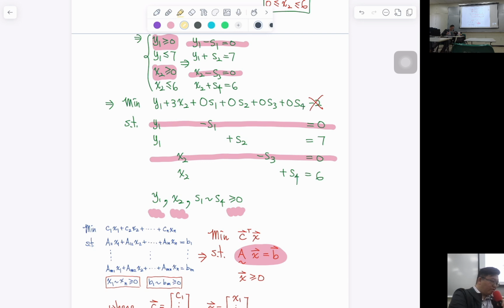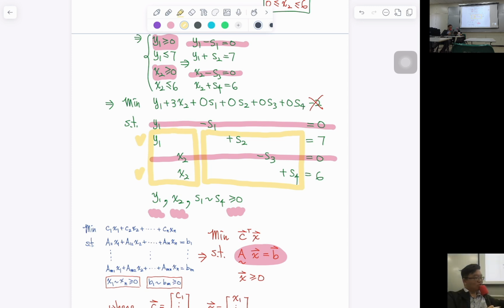If I have two equations right here, I can say, okay, this group is the basic group, and the other group, you guys are the non-basic group. In this particular case, I'm treating y1 and x2 as the basic variables. The rest are just non-basic.